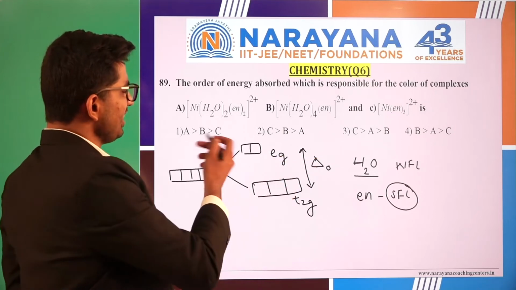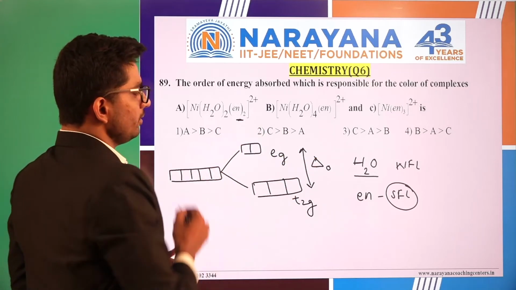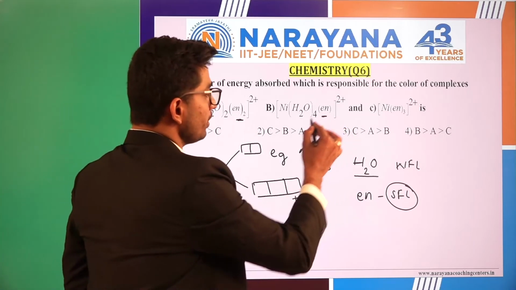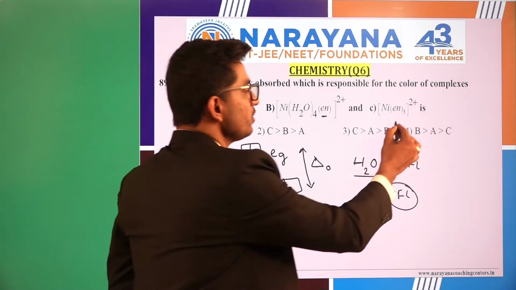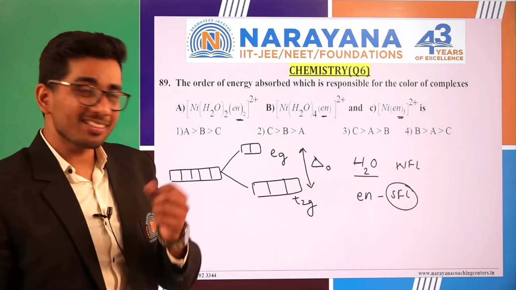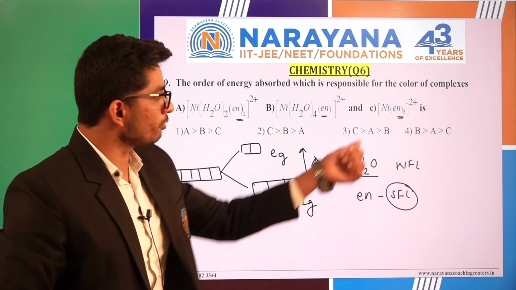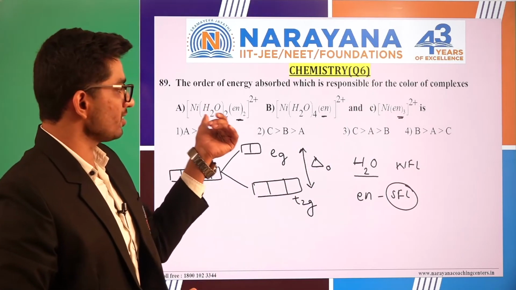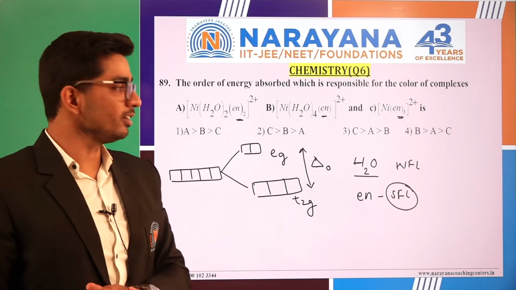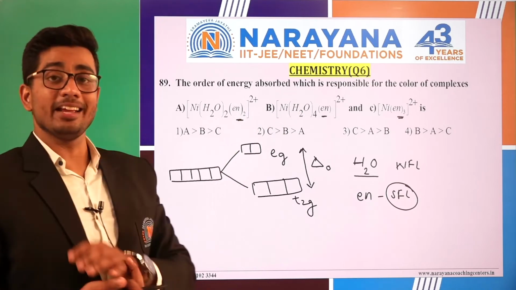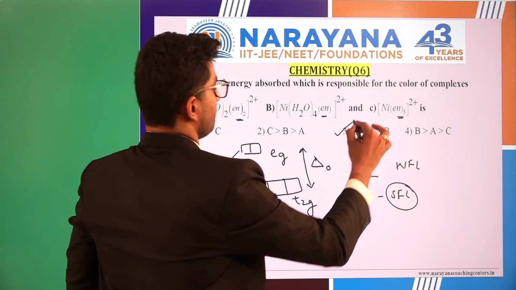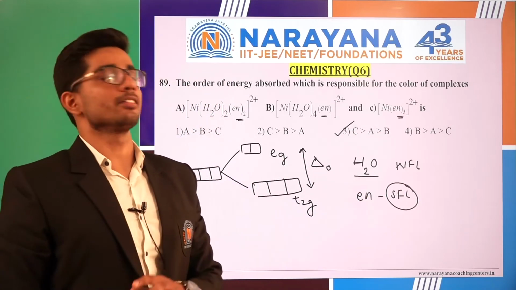So here we have two strong field ligands, here we have one strong field ligand, and here we have three strong field ligands. So I guess the maximum energy absorbed will be in case 3, then the first, and then the second. So the answer will be C, then A, then B. So C, A, B, it is option number 3. So this will be the correct answer.